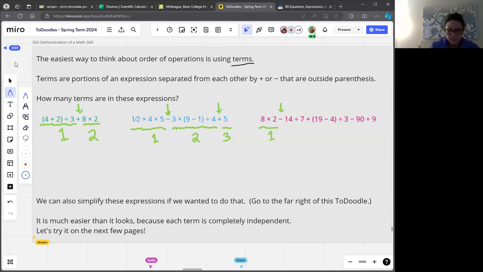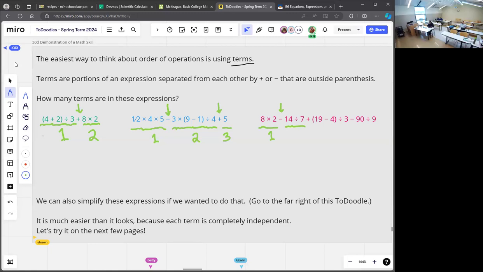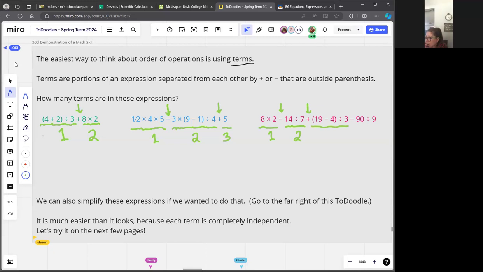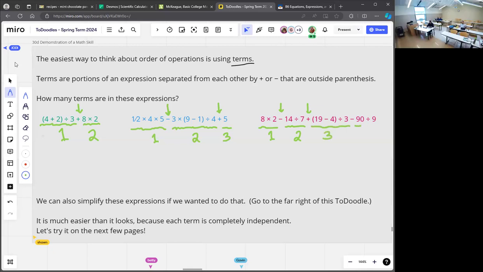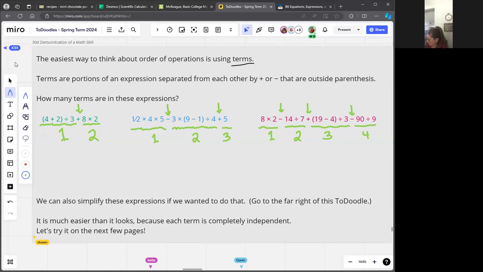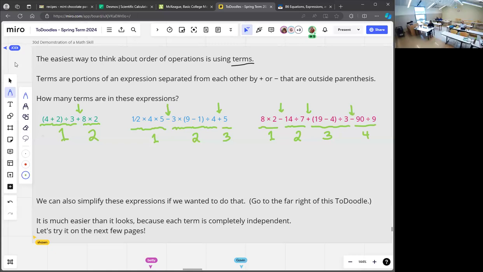Here's 1. One more, that's a second term. That's 2, 3, right after the 3, that's a third term. And last one's, that's a fourth term. 4. Everyone okay at noticing terms?